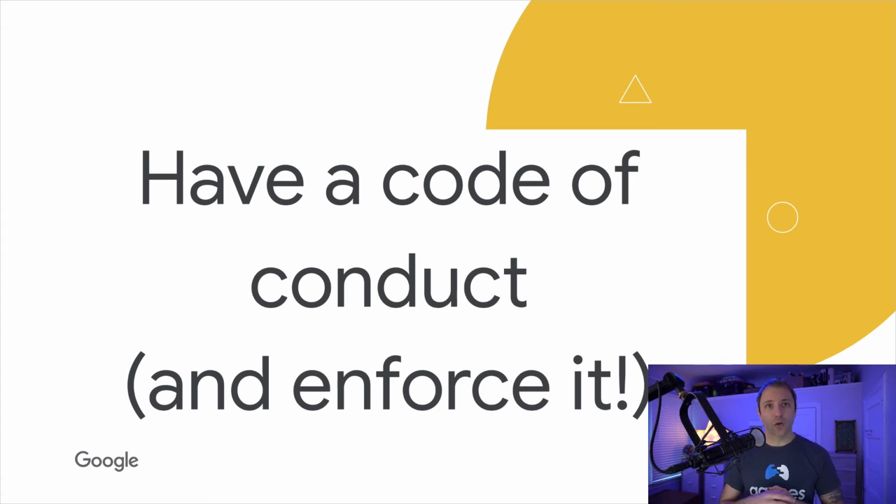They're doing it because of their own free will. And if they're not enjoying the experience, they're just going to go. So making sure that you have an inclusive environment is really beneficial for you to get more people involved with your project, and a great set of people who you're enjoying working with in that project.